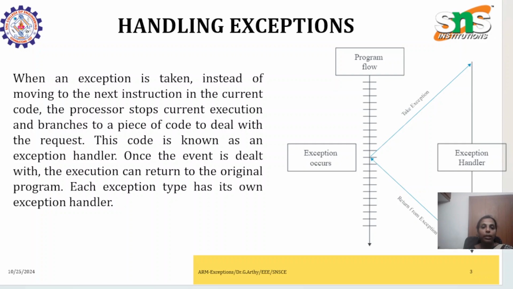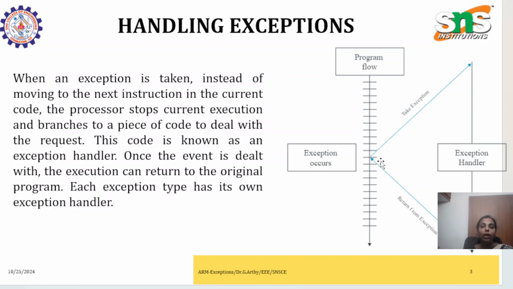How are exceptions handled? This is the normal program flow: instruction 1, instruction 2, instruction 3, and we'll have thousands of lines in a normal program flow. If any exception occurs at a particular time instant, then that exception will be taken, and the exception handler will execute whatever code it has, and then after completion it will return back to the normal program flow.